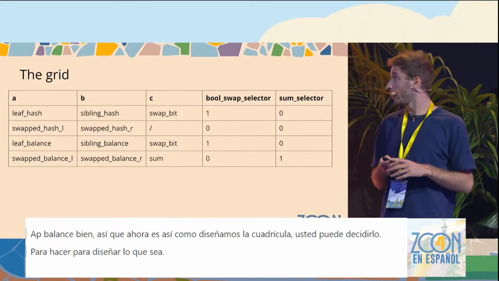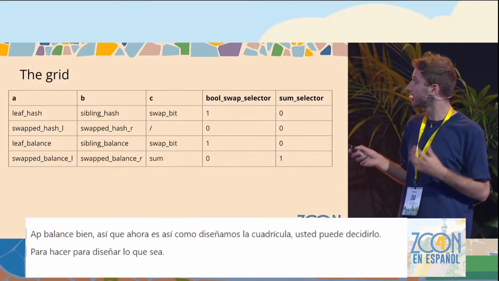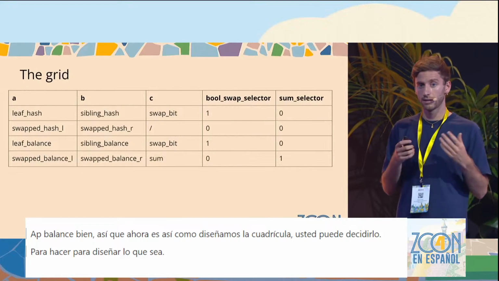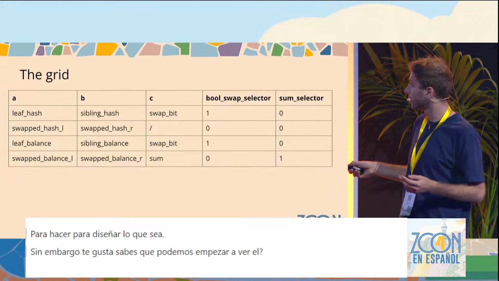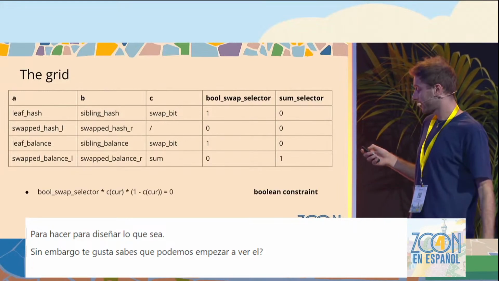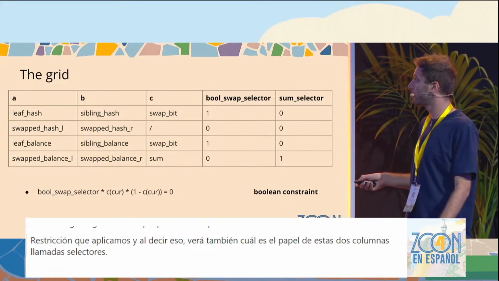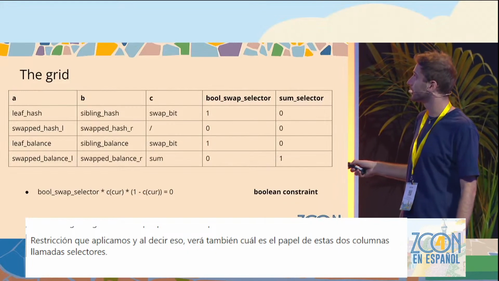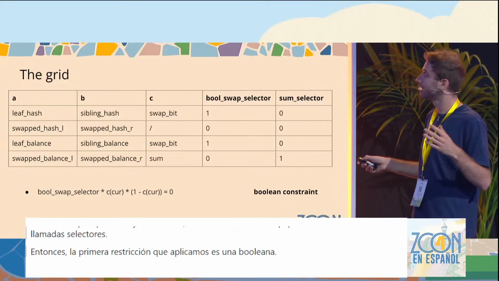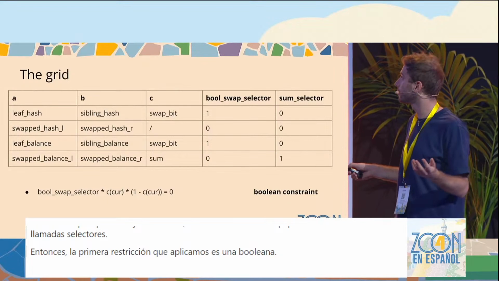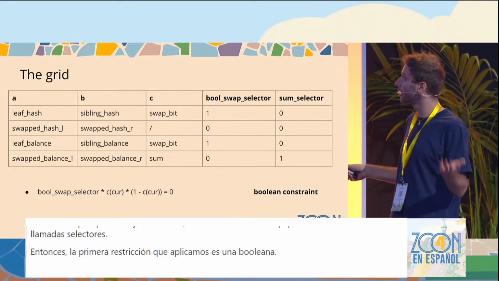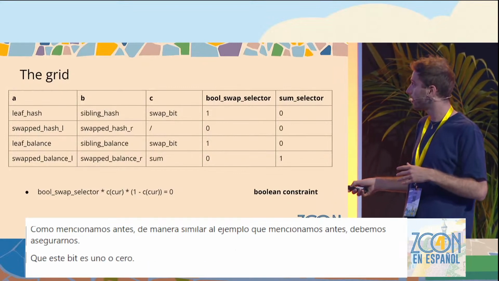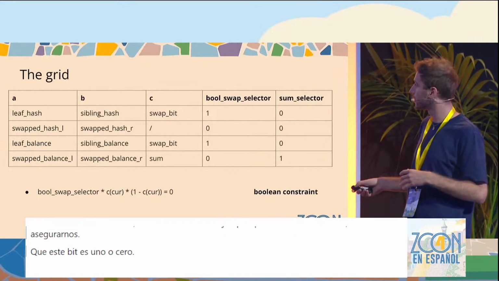Now we can start seeing the constraints that we applied, and by seeing that, you'll see also the role of these two columns called selectors. The first constraint that we apply is a Boolean constraint. Similarly to the example that we mentioned before, we need to make sure that the swap bit is either 1 or 0, so we apply this constraint.